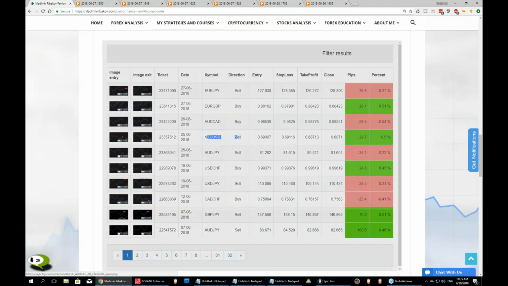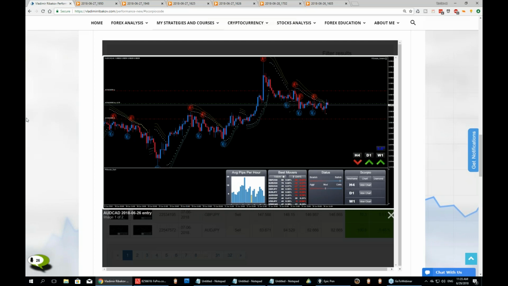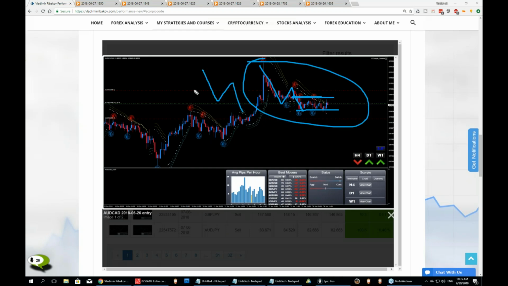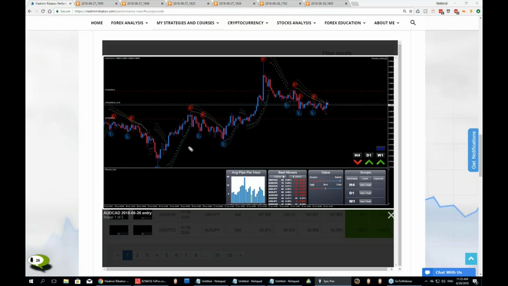Kiwi Aussie Cat, buy opportunity in this case. Okay, that's the double wave we're referring to. Simply ignoring this ranging situation at the end and focusing on the bigger picture, guys. Okay, those are the two Scorpios.